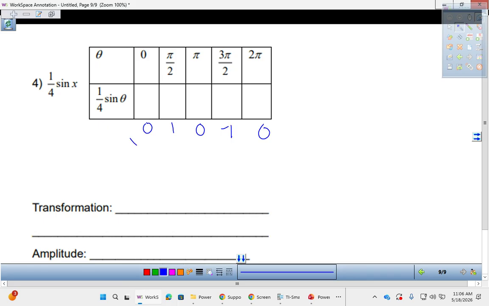So I am multiplying it by 1/4. All of these values are going to get multiplied by 1/4. So I get 0, 1/4, 0, -1/4, 0. Eventually you'll do enough that you just know what that transformation does, but you don't have to just know, you can look.